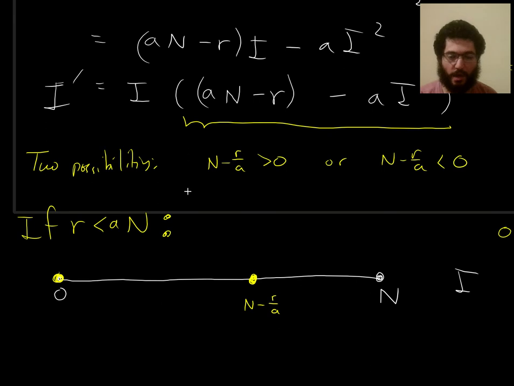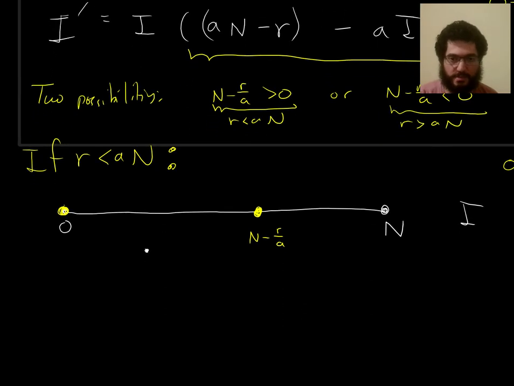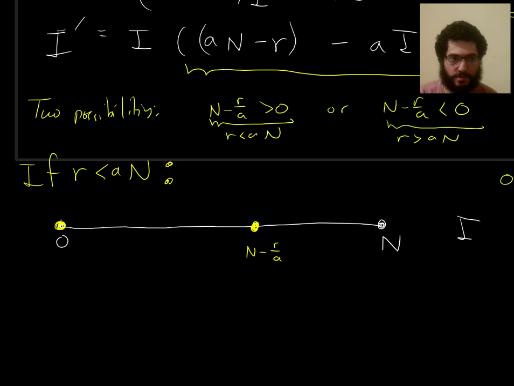On the other hand, if the opposite is true, so where this one is equivalent to r less than an, this one would be equivalent to r greater than an. If this one is true, then our phase diagram looks like this. If r greater than an, our phase diagram looks like this.